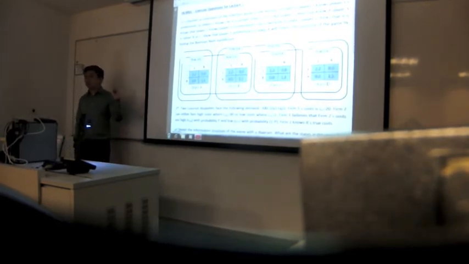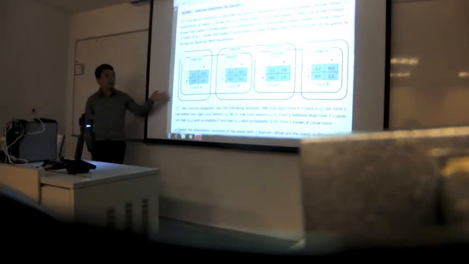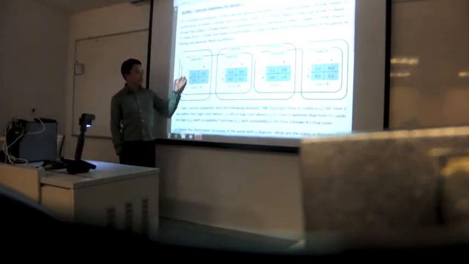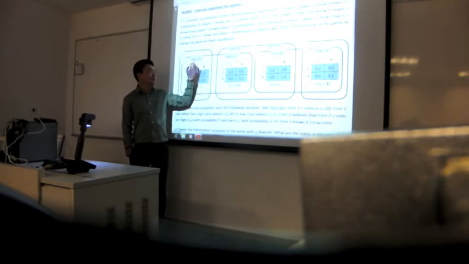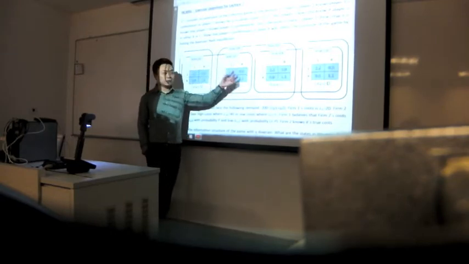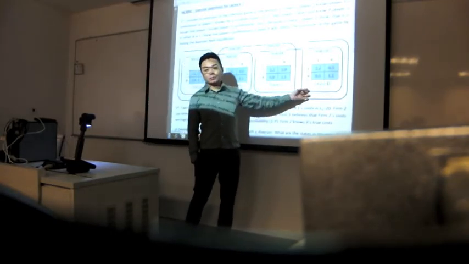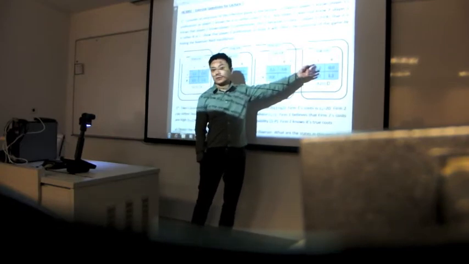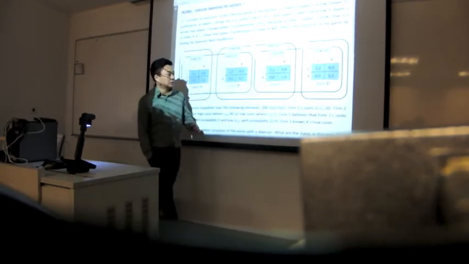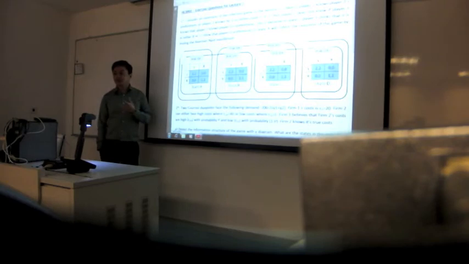Player 2 has 2 information sets here, right? Player 2 either thinks that it's A or B with probability 3/4, 1/4, or that it is C or D with probability 3/4 and 1/4. So given your information set, you can form some beliefs.